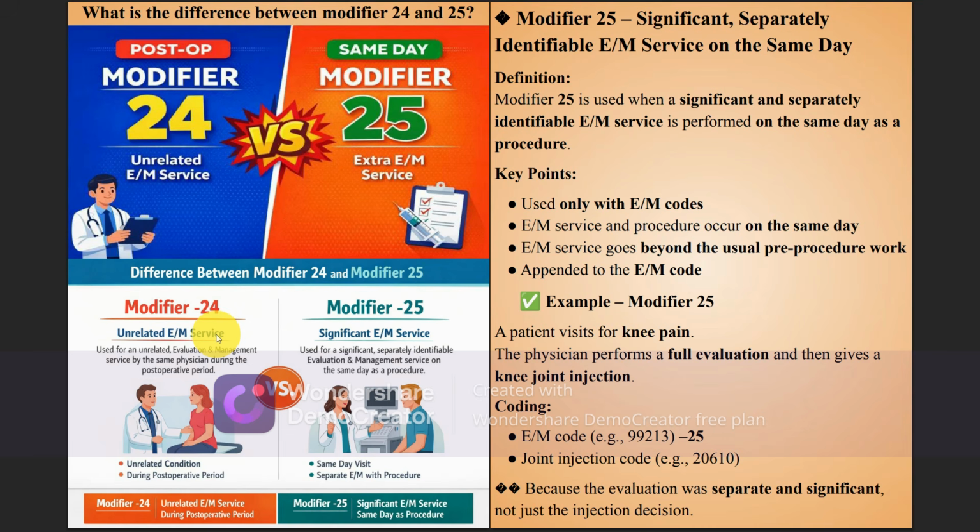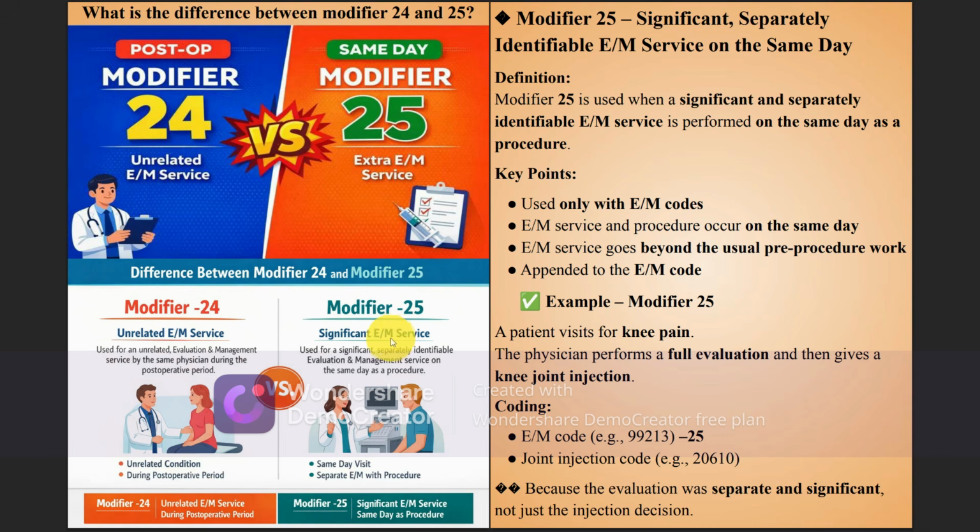Difference between 24 versus 25 modifiers: 24 modifier, unrelated E&M service, is used for an unrelated evaluation and management service by the same physician during the post-operative period. Unrelated condition during the post-operative period. So 24 is an unrelated E&M service during post-operative. These points should be remembered.